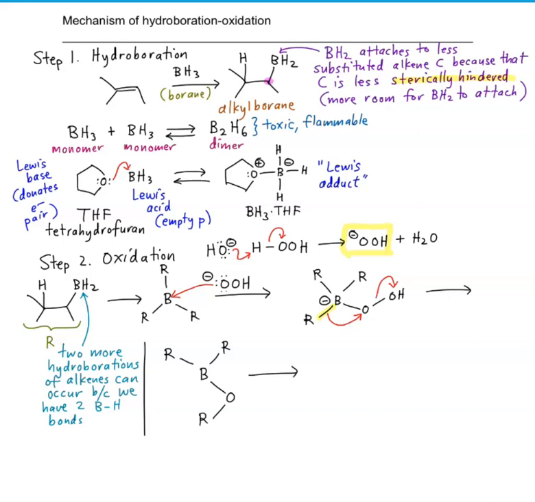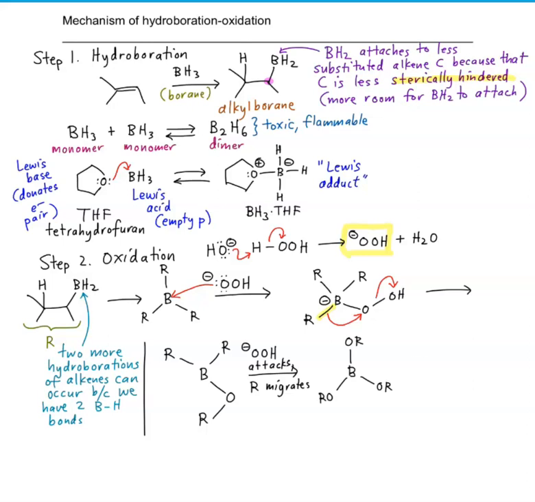And then the process just repeats. So another hydroperoxide ion attacks. Another alkyl group migrates. So that happens 2 more times until what you end up with is a structure that looks like this.